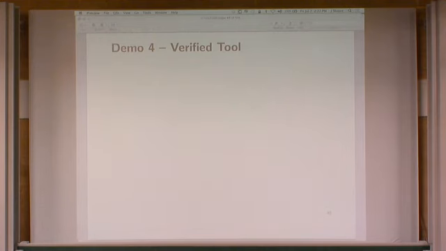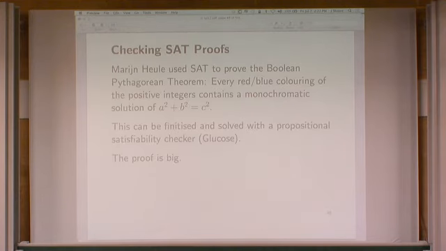Finally, another use of ACL2 is to verify tools that are used to check other provers. A recent example will be talked about next week by Marine Heule, who is a SAT researcher at UT actually.